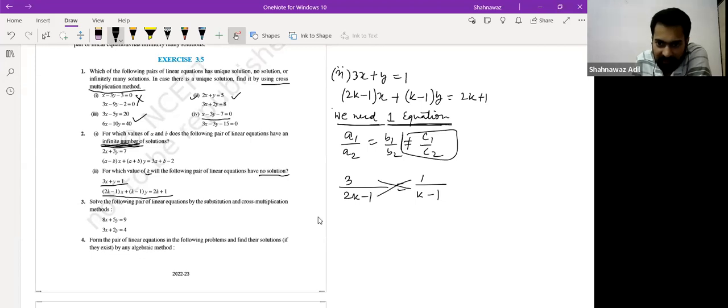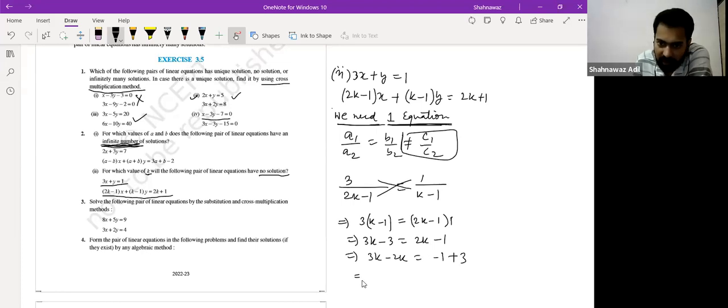Cross multiply: 3 times (k minus 1) equals 2k minus 1, so 3k minus 3 equals 2k minus 1. This comes here and this goes here, so k is 2.